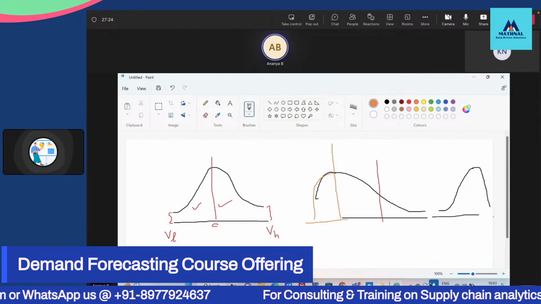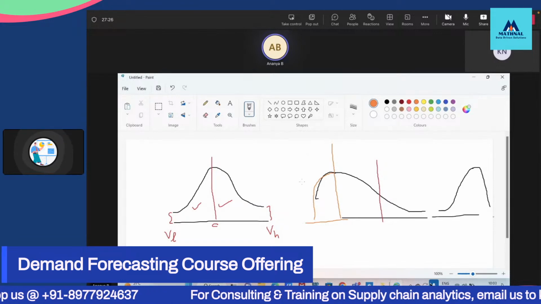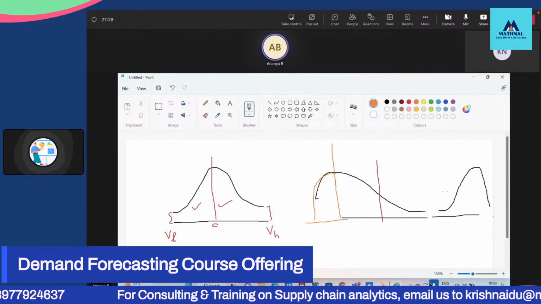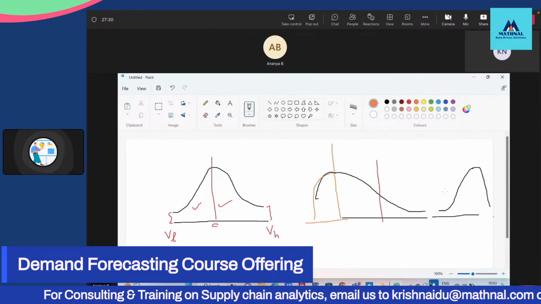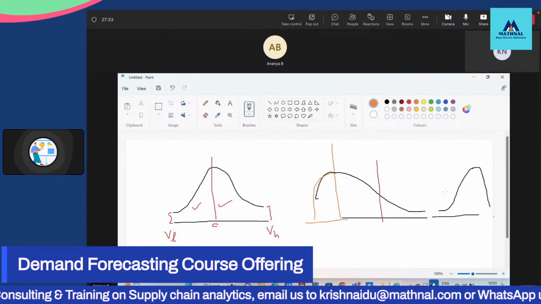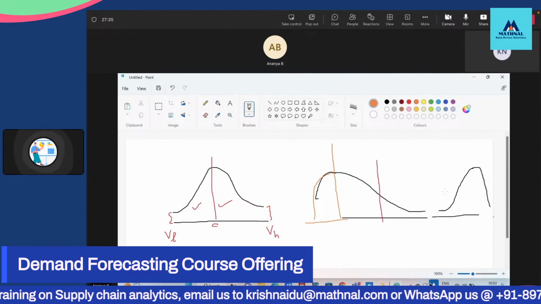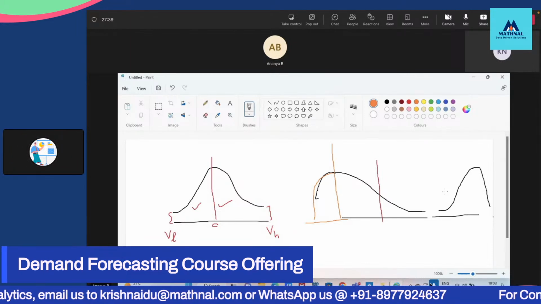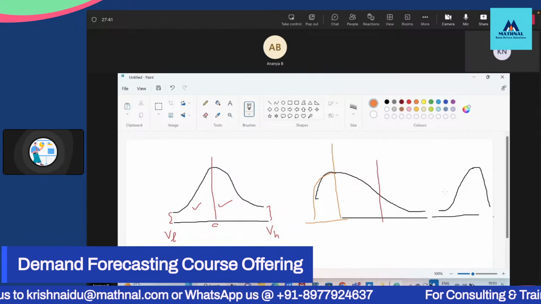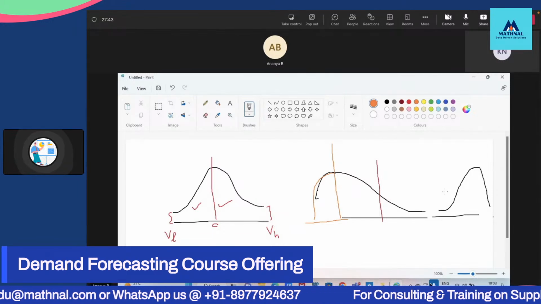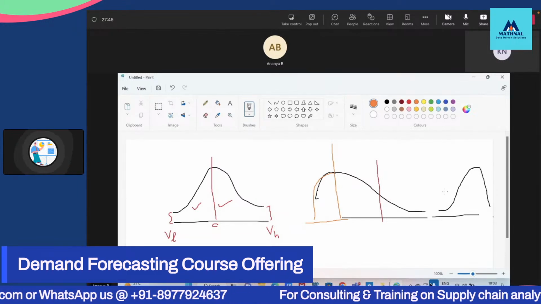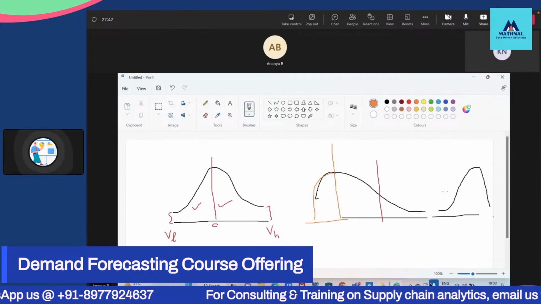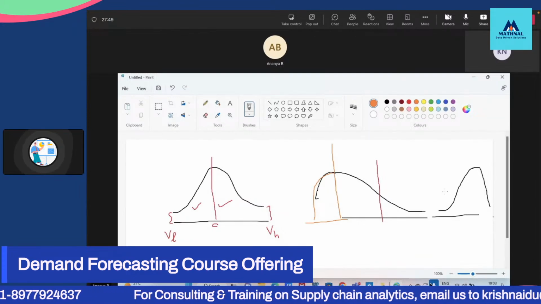Yes, on the left it is a steep fall; on the right it's more gradual. So on the left hand side, the frequency of the low volume distribution is lesser as compared to the high volume distribution in the second graph.